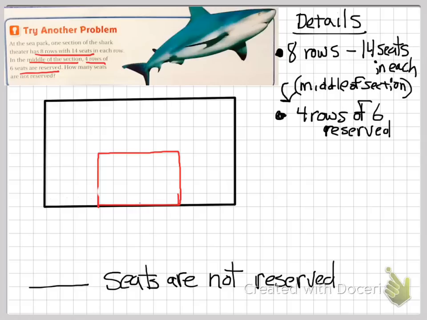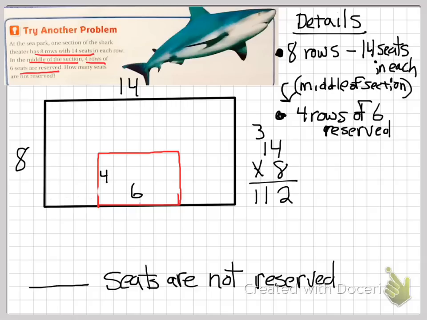Okay, do some labeling here. I have my 8 by 14, and I have my 4 by 6. I'm going to go ahead and do the math. 14 times 8, that is going to tell me how many seats are in the whole section.